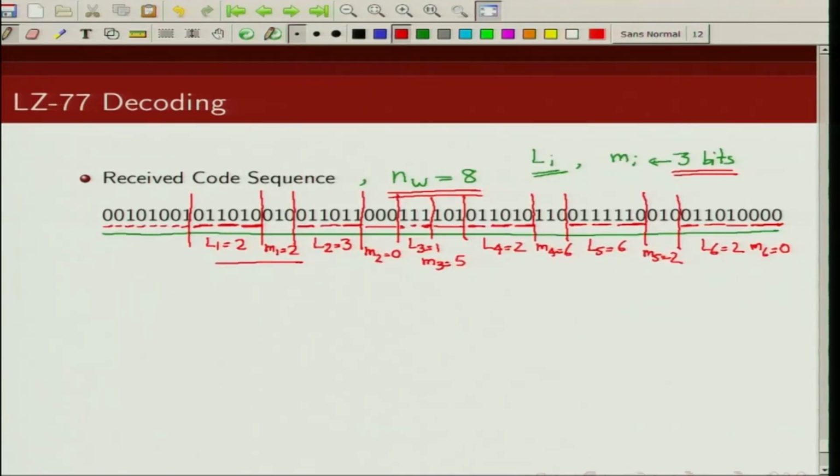This was my L1 M1, L2 M2, L3 M3, L4 M4, L5 M5 and L6 M6, and this was my initial NW bits.